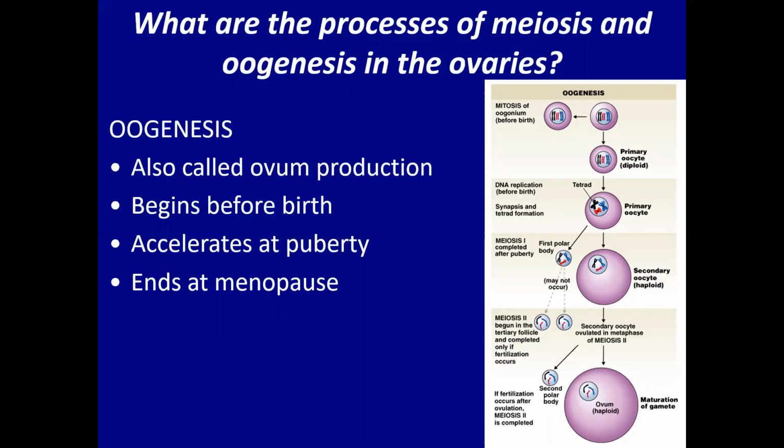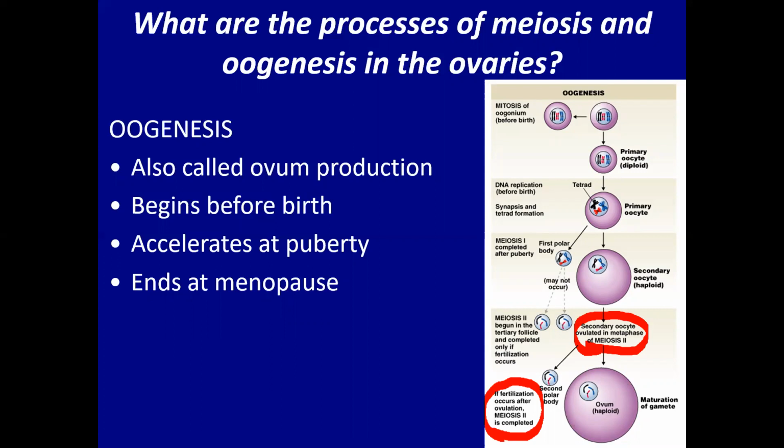To be absolutely correct, the exact terminology is a secondary oocyte is what is ovulated, and that secondary oocyte is what is fertilized. And only after fertilization occurs, after ovulation, will meiosis II complete.